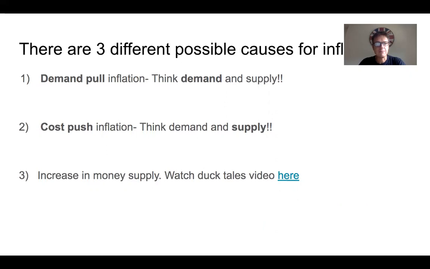Once again, if this happens across the economy, so if costs which are common to a lot of businesses, like labor costs for workers, wages, or things like oil and energy, which are common to most businesses, rise, it's likely that supply will shift in most industries and CPI across the economy will increase.